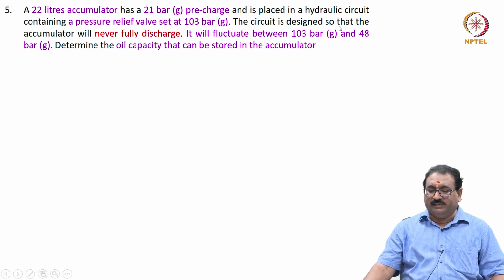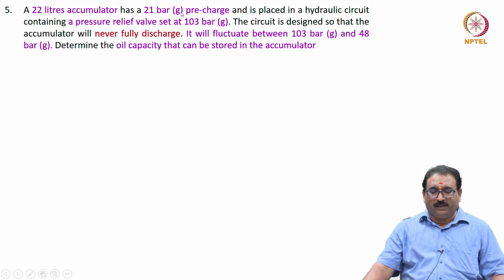The circuit is designed so that the accumulator will never fully discharge. It will fluctuate between 103 bar gauge and a minimum pressure of 48 bar gauge. Determine the oil capacity that can be stored in the accumulator.